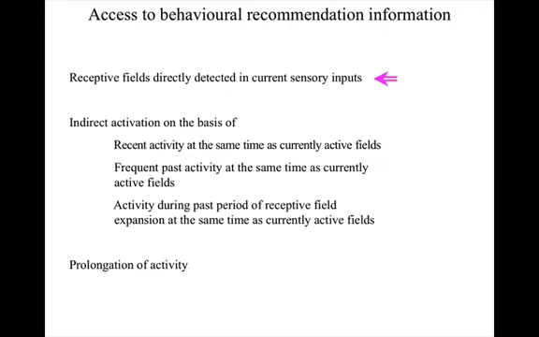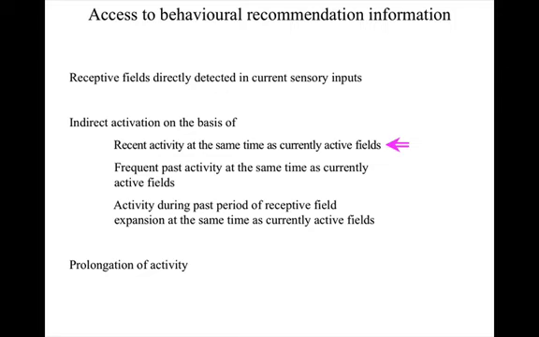It can be directly detected within current sensory inputs, or it can be indirectly activated. But there has to be some justification for an indirect activation. And the only types of justifications available to the brain are different types of correlations between past activity of the inactive receptive field and past activity of other fields that are currently active.